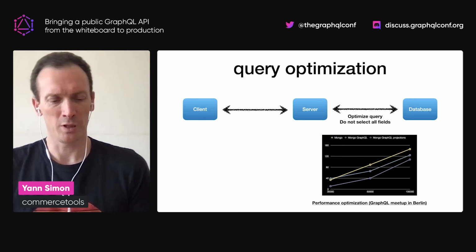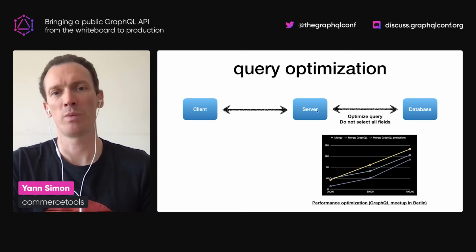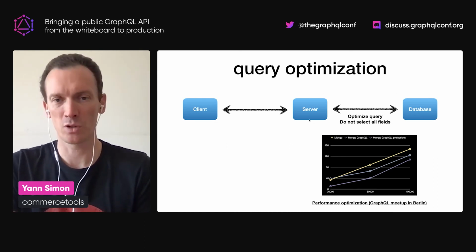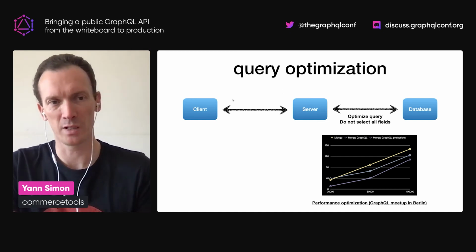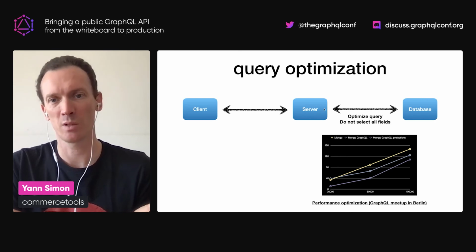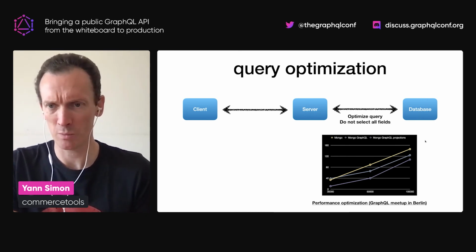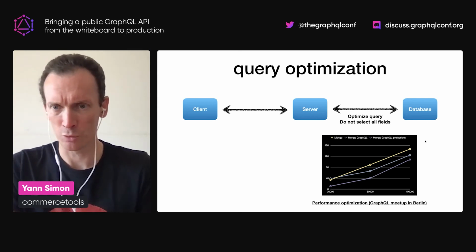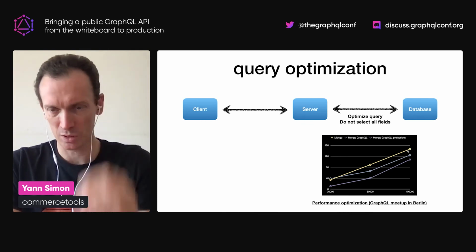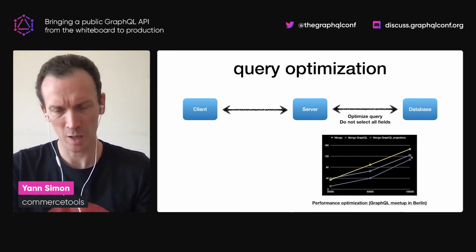But when we use GraphQL, it's also possible to optimize the part between the servers and the databases. Because the server knows which fields the clients would like to have, it's possible to optimize the database query. I made an experiment about that, and I will show you the results. So this is fetching products with the REST API and fetching products with the GraphQL API.